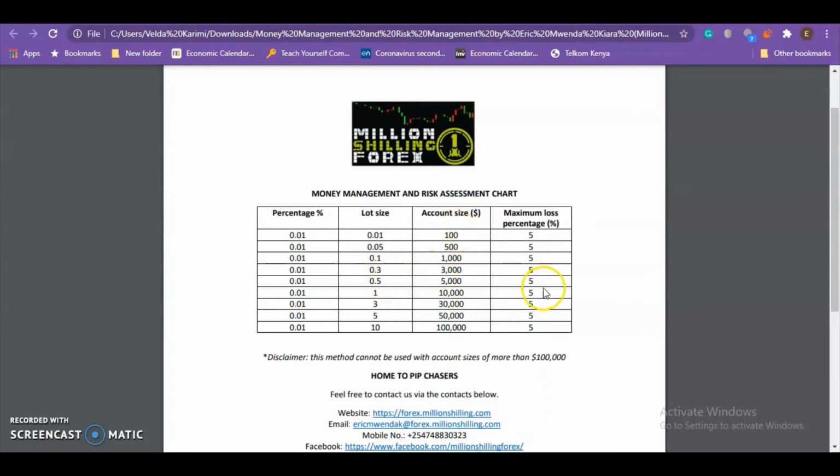I hope you know what I'm saying. And 0.5 for 5,000, $1 for 10,000, $3 for 30,000, $10 for 1,000. Remember, this method cannot be used with very large account sizes. Once you pass $100,000, personally I use 0.001% of my risk management.